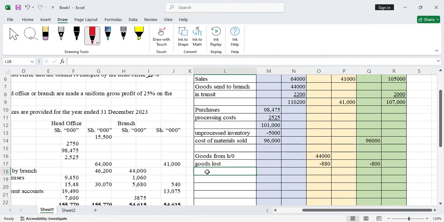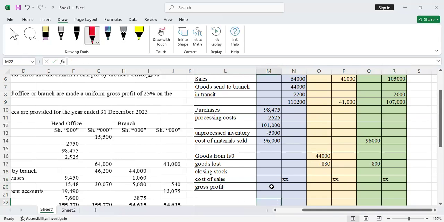We should come here and less closing stock, whatever closing stock is, and then after lessing closing stock, we should get here cost of sales. And this cost of sales figure, we are going to put it here and less it from this net sales, and we are going to get our gross profit.